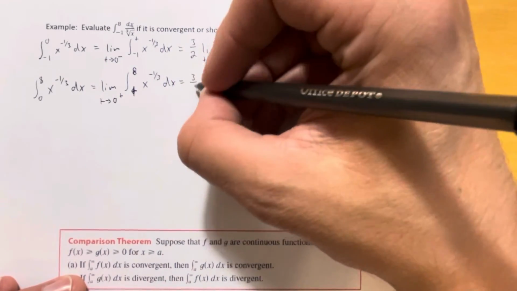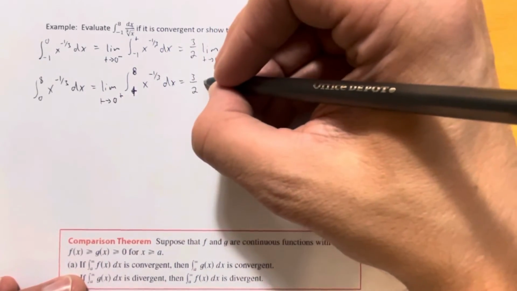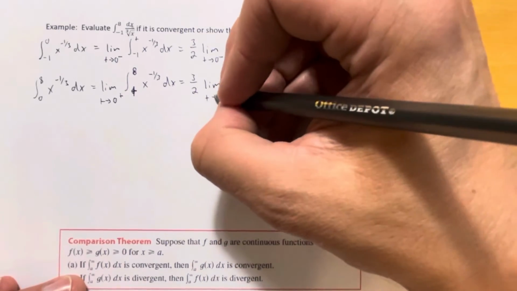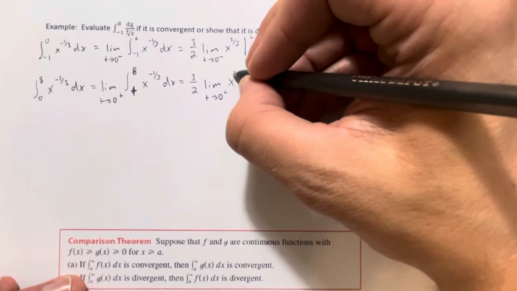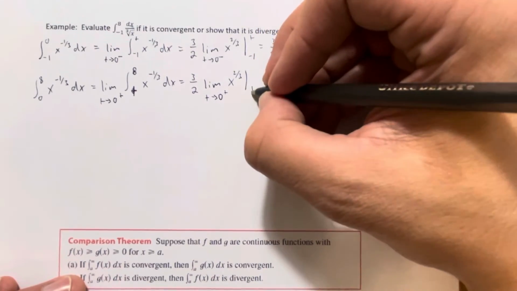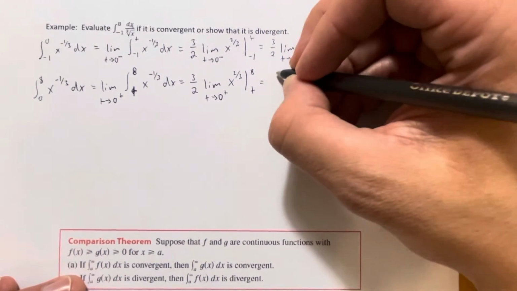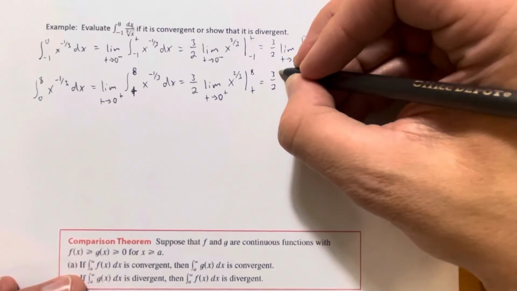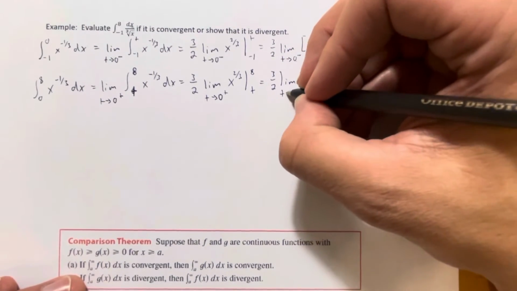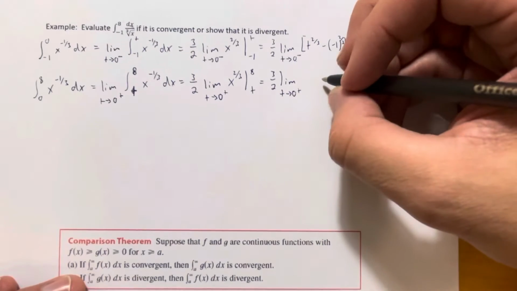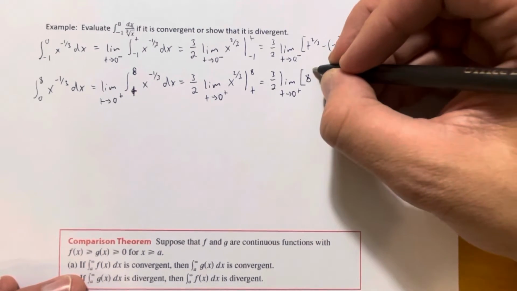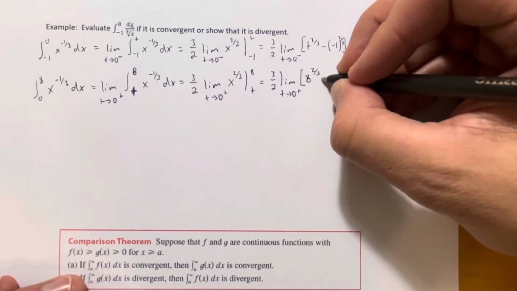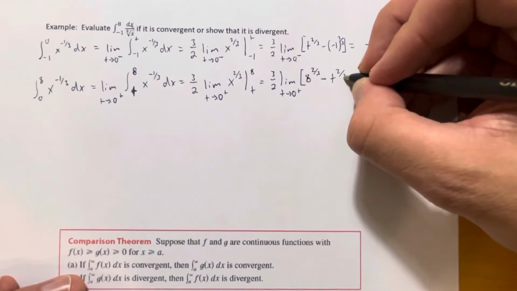Same integrand, or same antiderivative, 3/2 times the limit as t approaches 0 from the positive side, or from the right, x to the 2/3 power, from t to 8. This is the same thing as 3/2 times the limit as t approaches 0 from the right of 8 to the 2/3 power minus t to the 2/3 power.